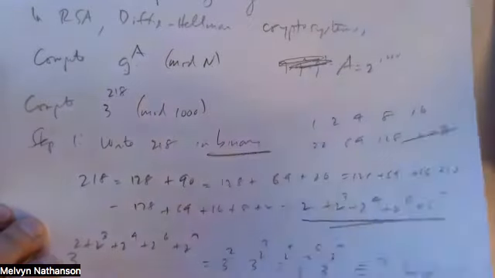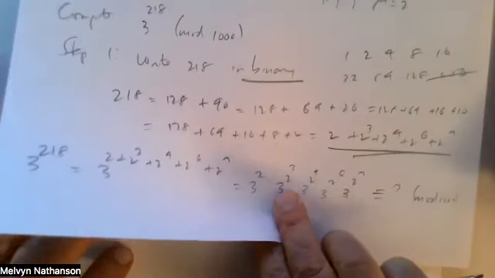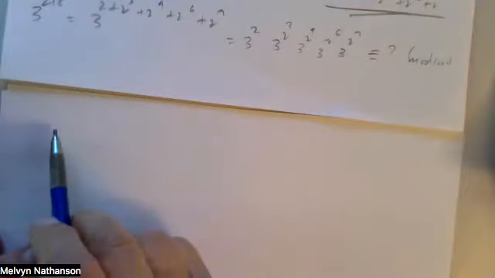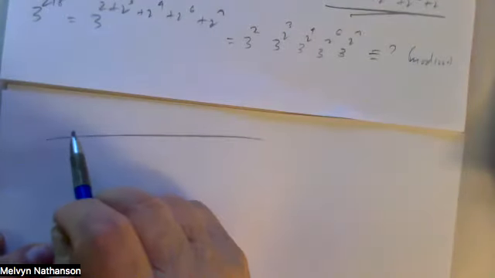Well, let's see. Let's compute the powers of 3 mod 1,000. So I'm going to make a little table.